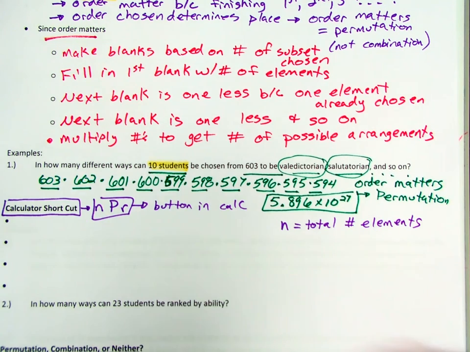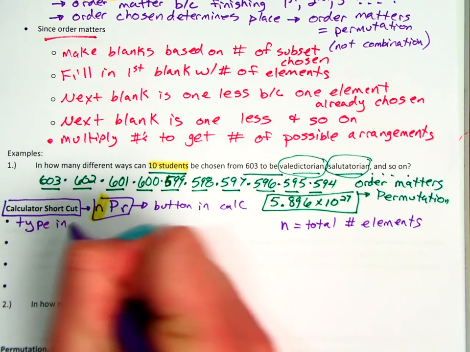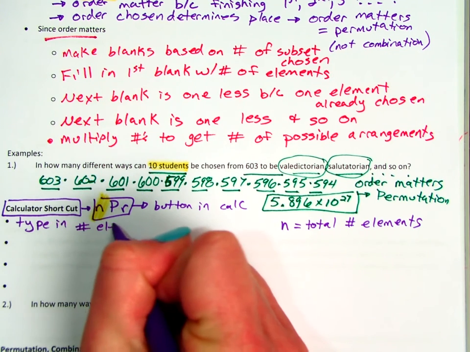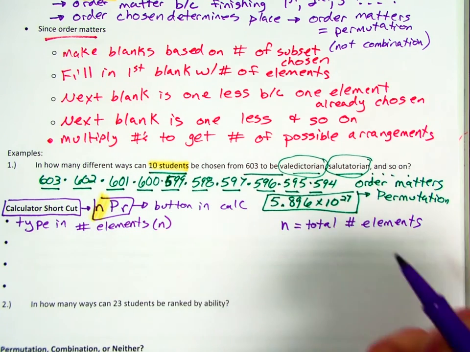So my first step is to, because my first thing that I see is going to be an N, that means my first step is to type in the number of elements. Because the N still means the same thing as before.